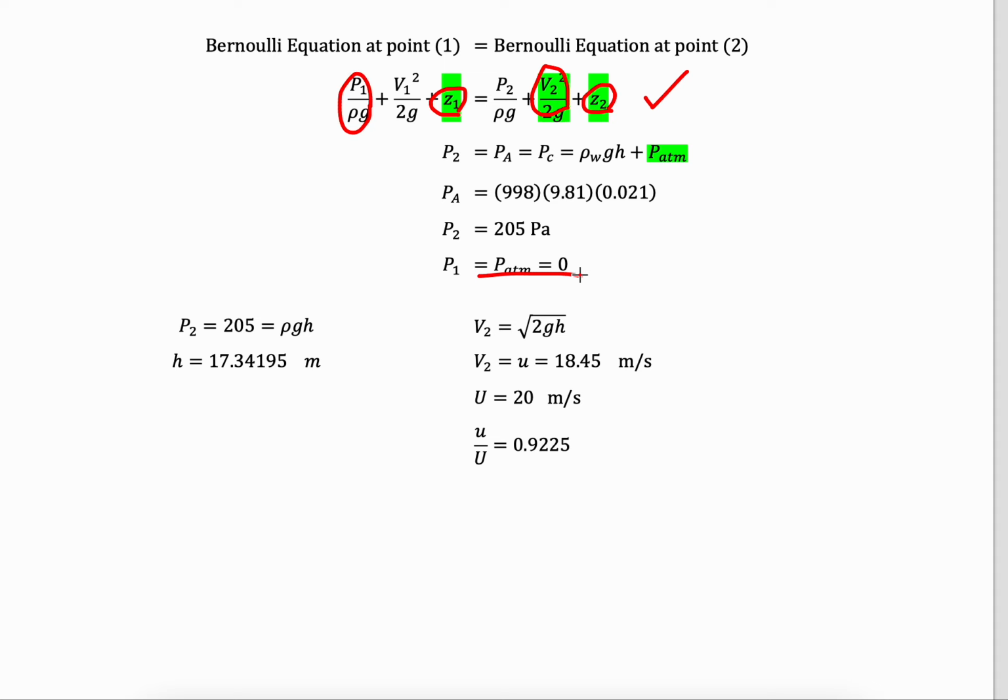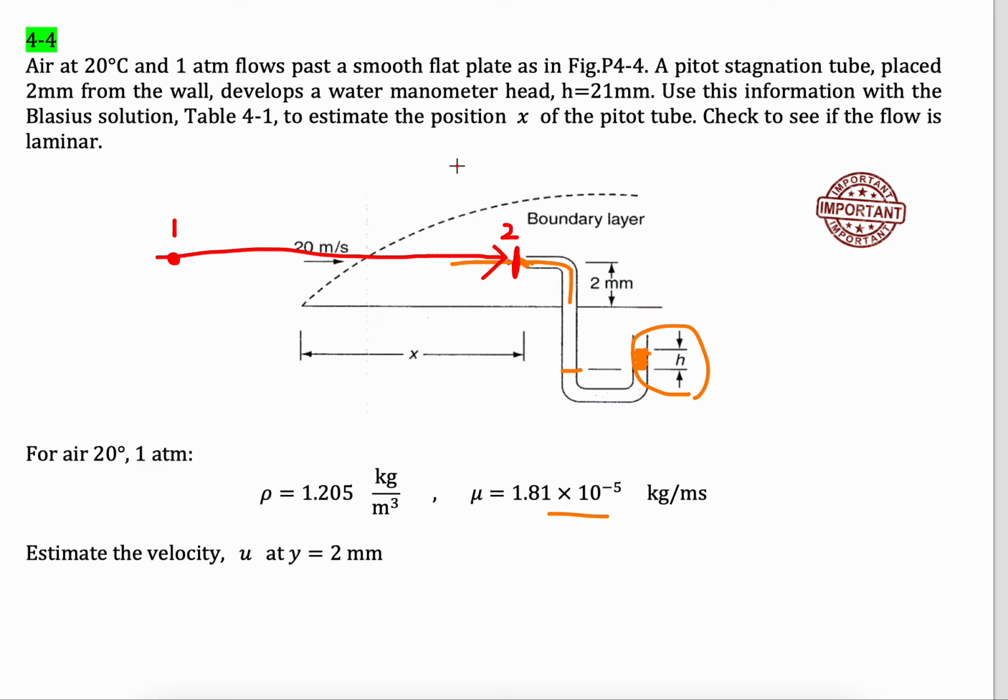So we could do this calculation as a gauge pressure, so the atmospheric pressure can be assumed as 0. And then the pressure at point number 2 here can be calculated by using this U-tube manometer.